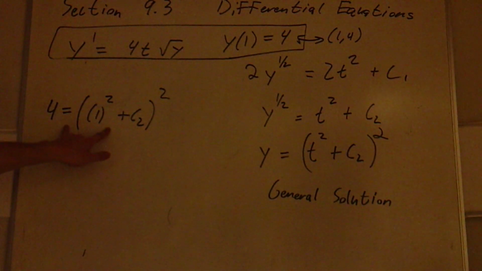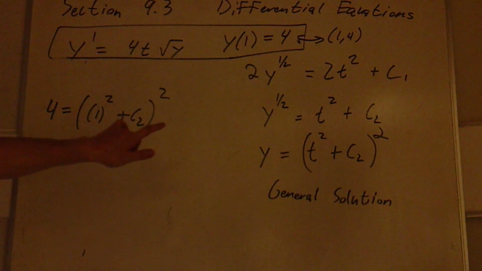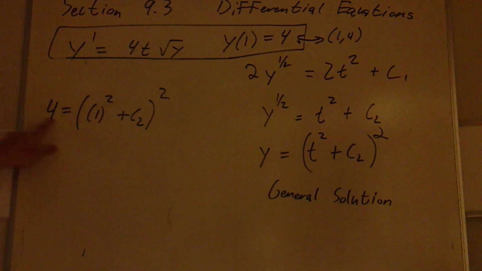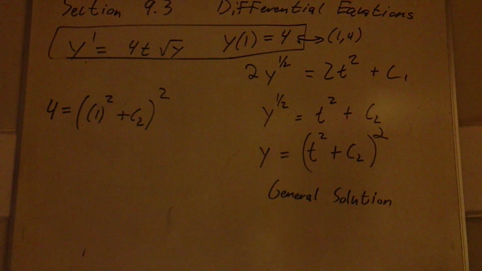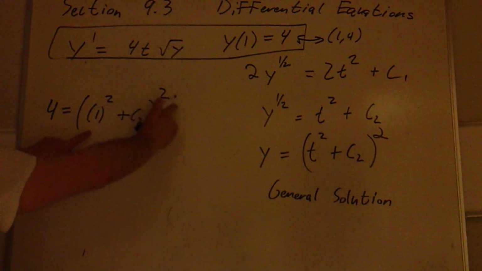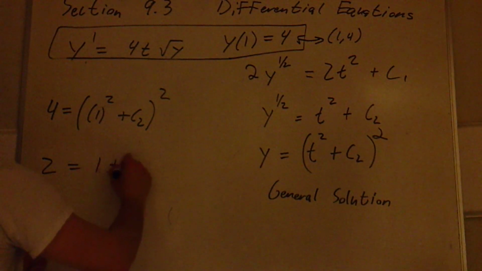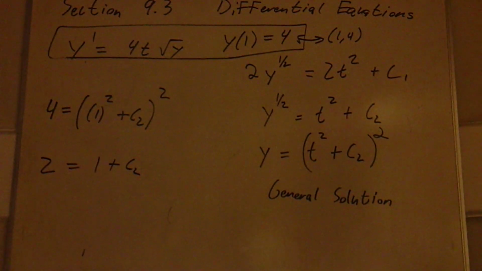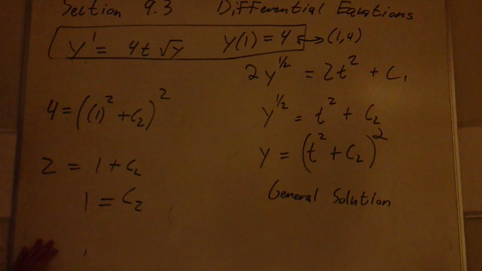Now I have an equation of one variable that I can solve. The number that you can square to get 4 is probably going to be 2. So 2 equals 1 plus c2. So c2 probably equals 1.